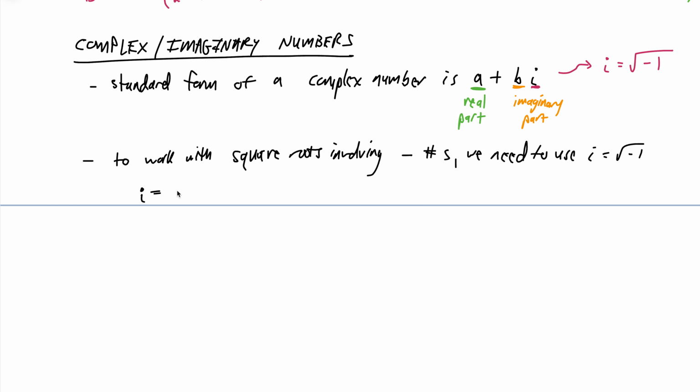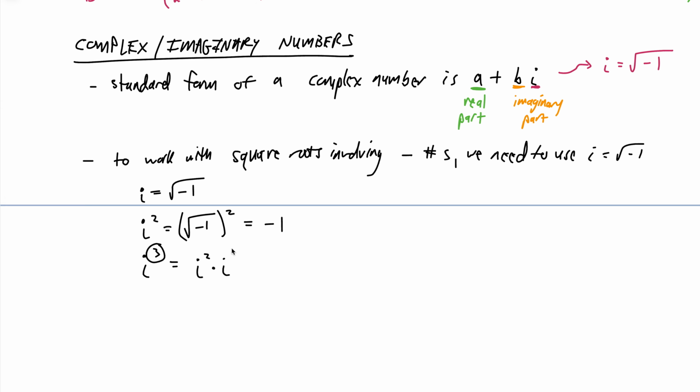So here, let's write these out again. Starting off, i is the square root of -1. i squared, just as you'd imagine, is the square root of -1 squared. We talked about the square root and the square canceling out, and this would give us -1. So i squared is equal to -1. i cubed, I can rewrite by doing i squared times i.